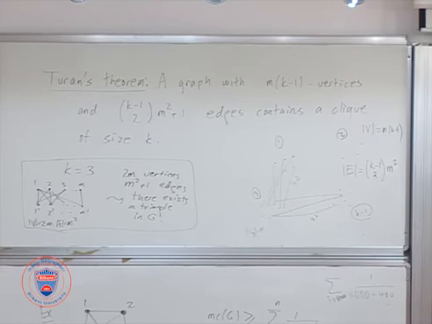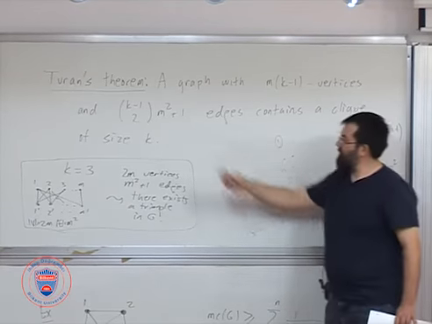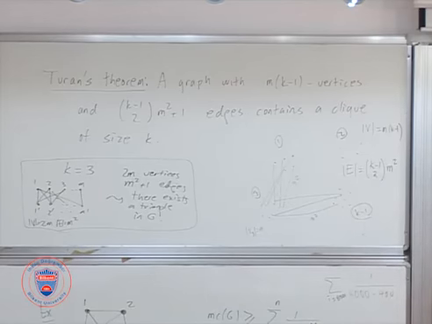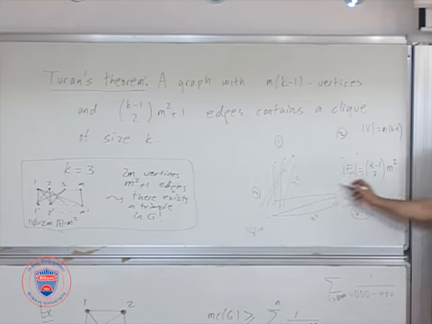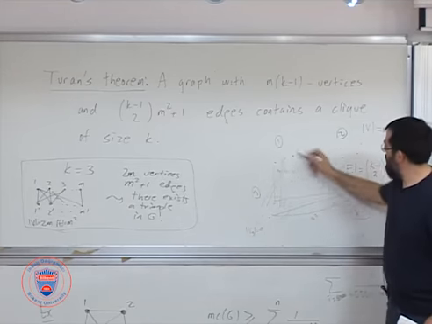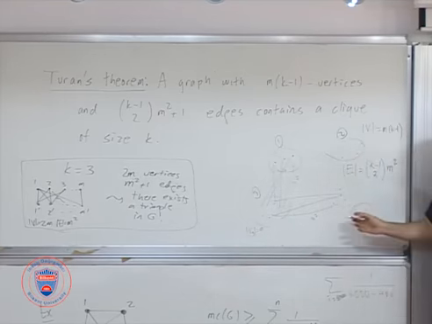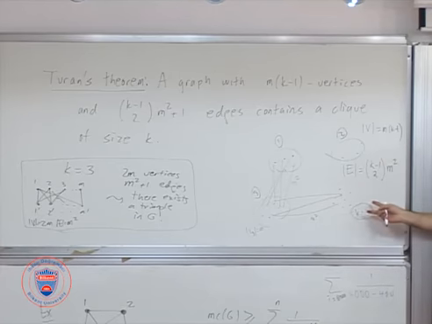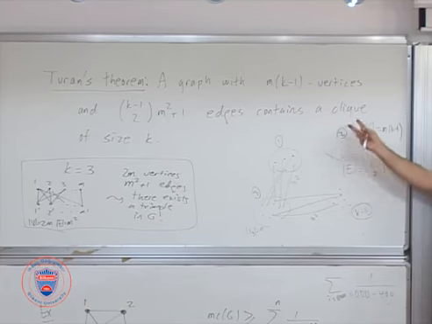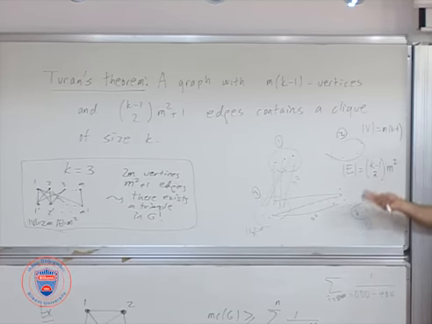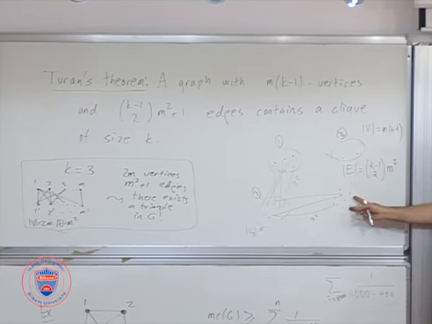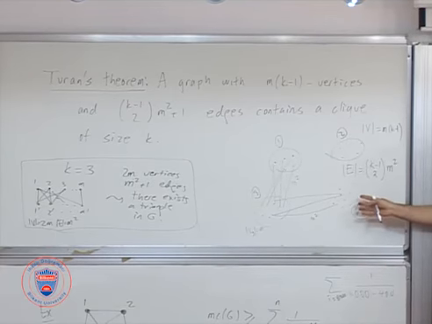Now, such a graph will not have a clique of size k. If you have a clique of size k, because there are k minus 1 groups, by the pigeonhole principle two vertices in a subset of size k should be in the same group, because there are k minus 1 places and I have to choose k vertices. So I have to choose two of them in the same group.